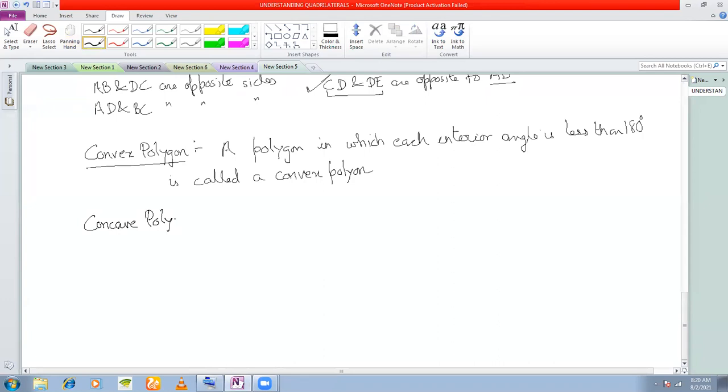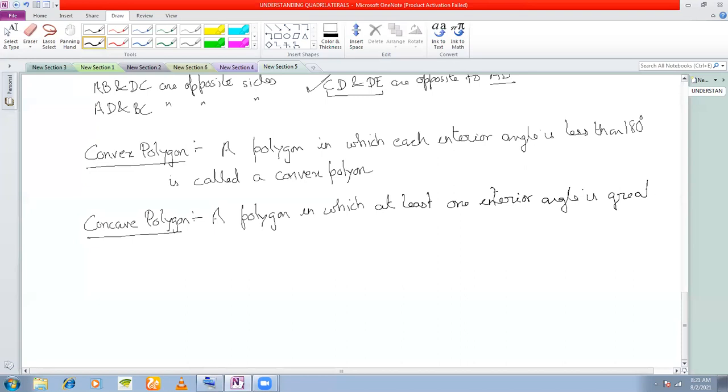A concave polygon: a polygon in which at least one interior angle is greater than 180 degrees is called a concave polygon. Now let's see what the examples are.